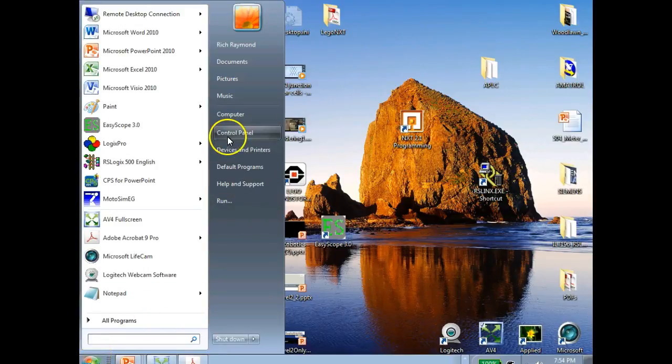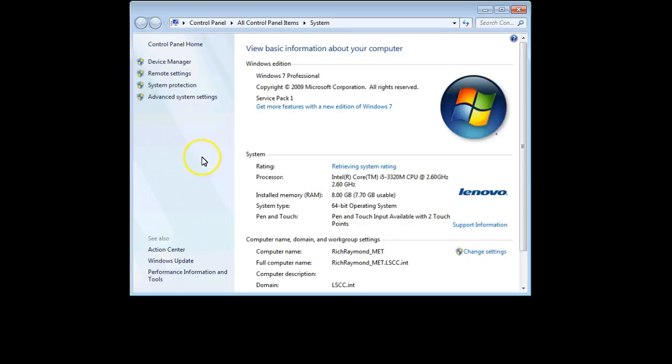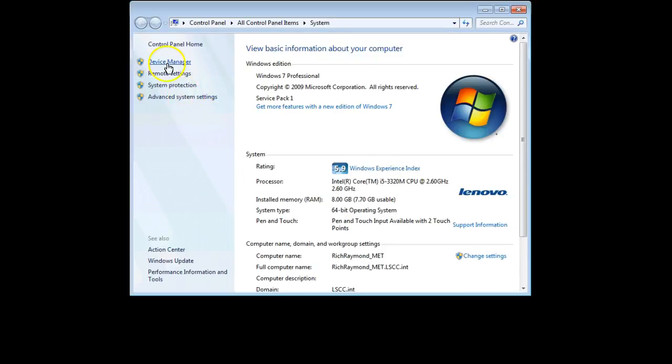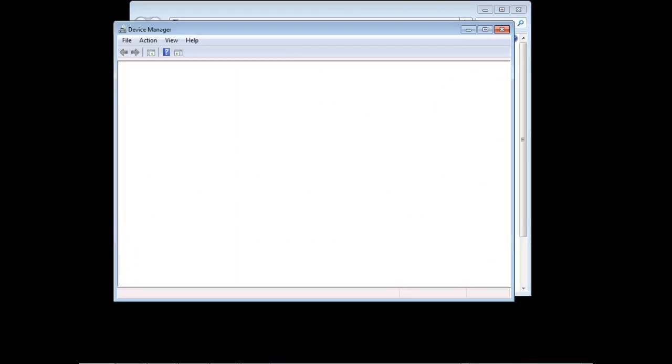if we go to, this is Windows 7. So I'm going to go to my computer, and I'm going to go to properties, and then advanced settings. No, I don't want to do that.